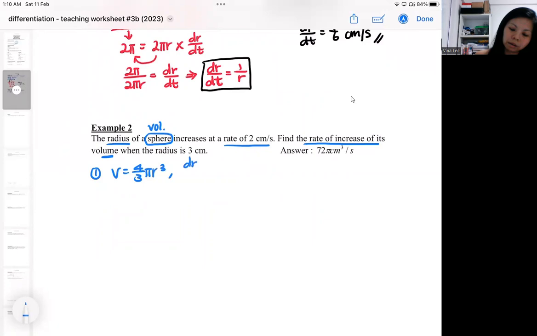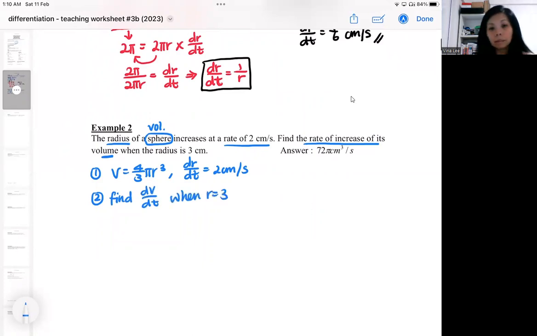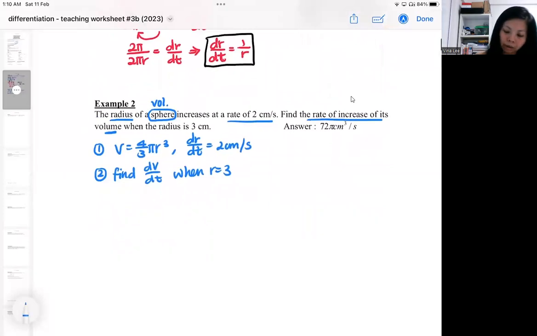And the radius is increasing at 2 centimeters per second. And I'm supposed to find dV/dt when the radius is 3. So your third step will be the chosen formula, and then you differentiate.